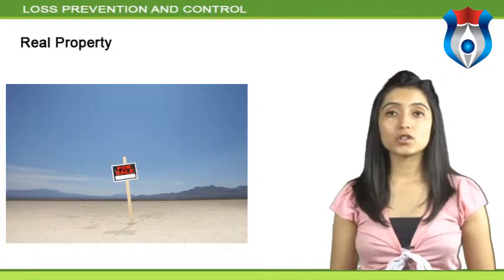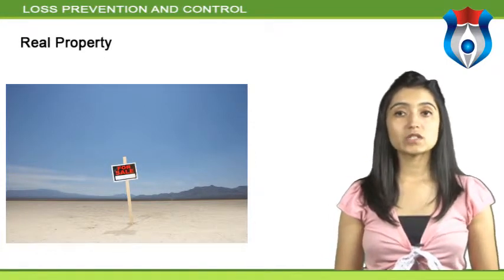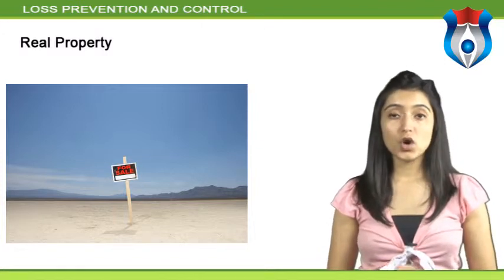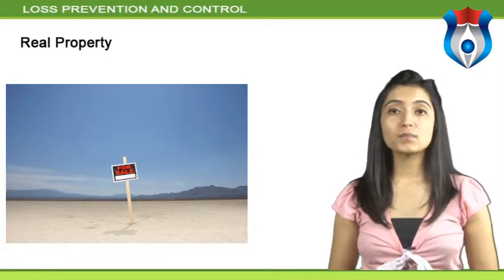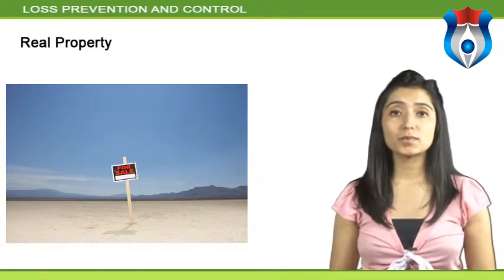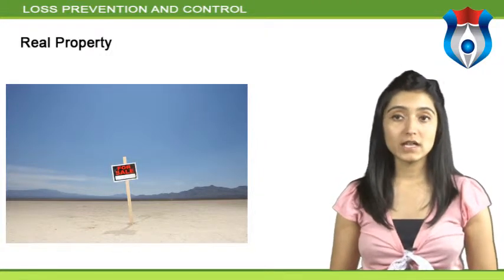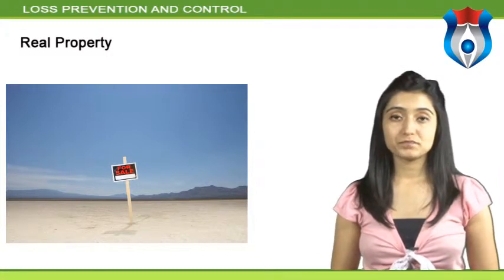Buildings and other structures can be subdivided into various categories. Their exposure to loss depends primarily on their type of construction, occupancy, protection against fire and other perils, and location. A sprinkled building probably is much less likely to suffer a major fire loss than an identical but unsprinkled building.